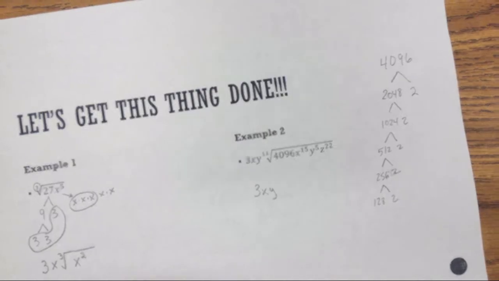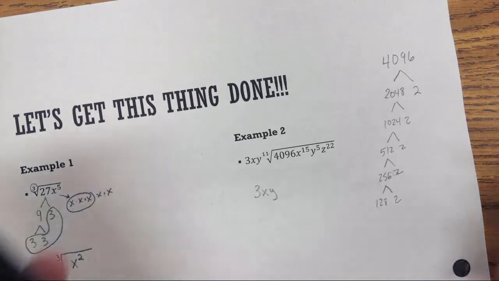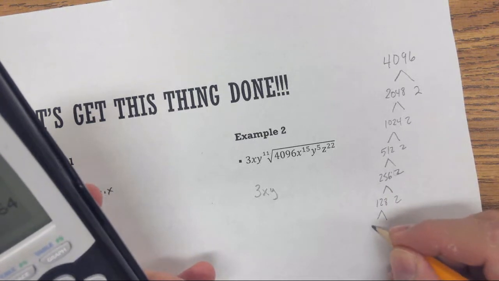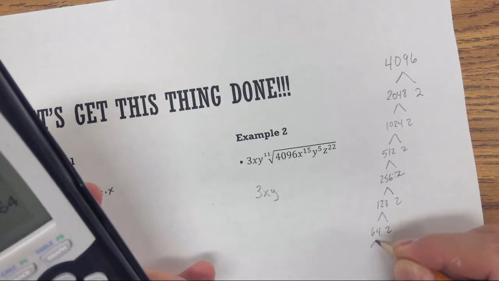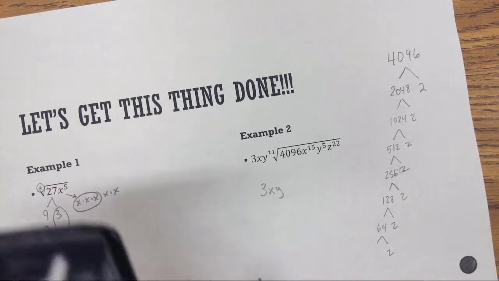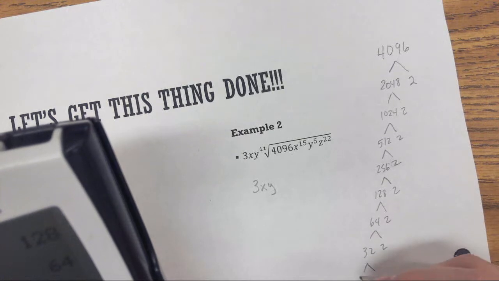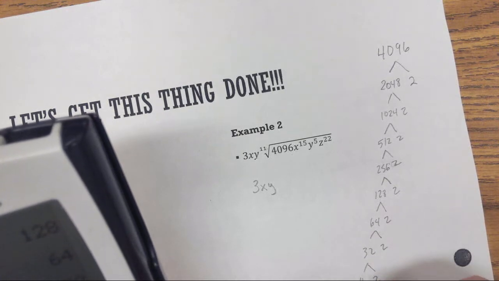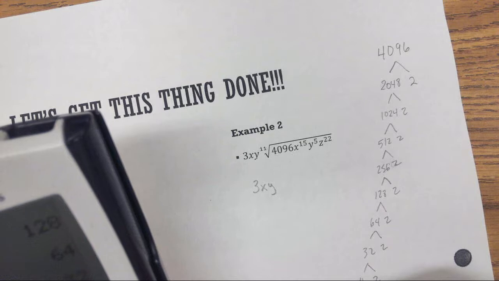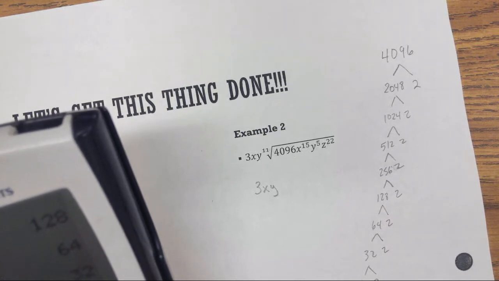Those of you that are more familiar with computers might start recognizing some of these numbers. This 128 breaks down into 64. The 64 breaks down into 32. 32 breaks down into 16. 16 breaks down into 8. 8 breaks down into 4. 4 breaks down into 2.